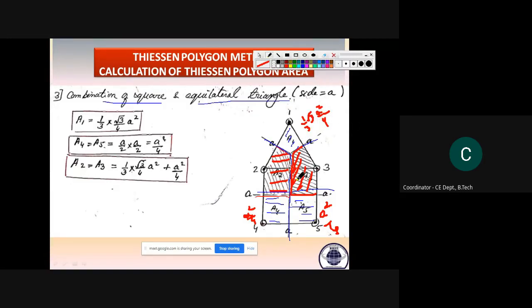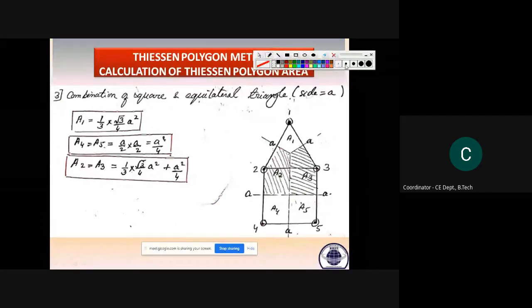Now what is the area of this 2 and area of this 3? Both will be the same, but what will be the value? Just see the diagram and tell me. See, we have to add, exactly for this 2 we have to add this area and this area. We know this area is A square by 4, and what is this area?